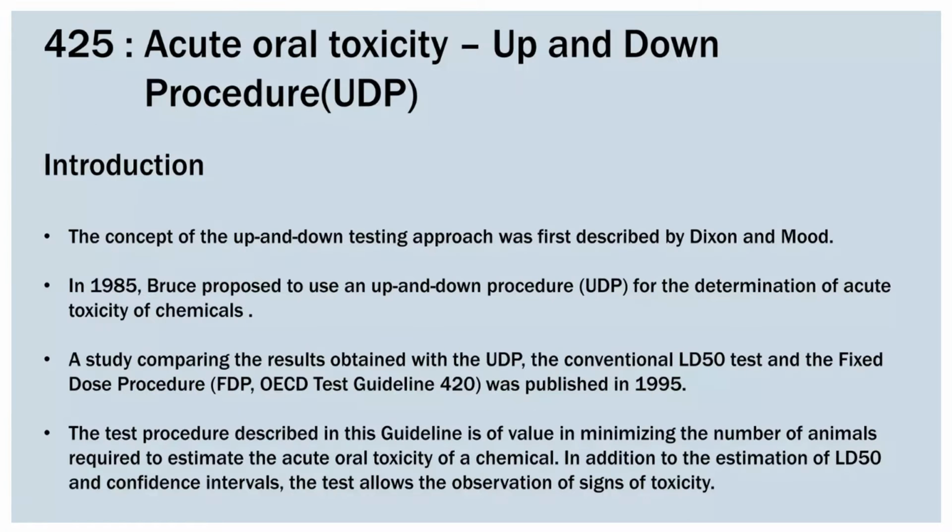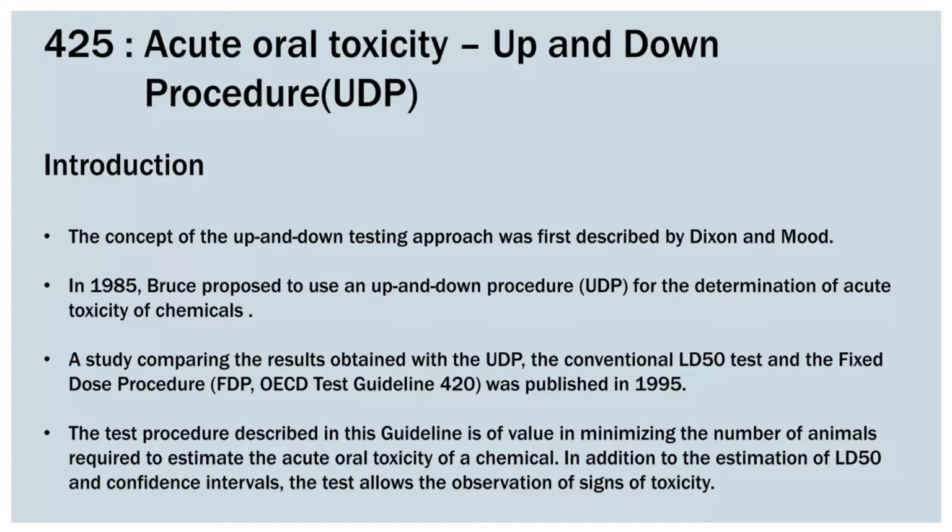The concept of the up and down test approach was first described by Dixon and Mood, and in 1985, Bruce proposed to use the up and down procedure for the determination of acute toxicity of chemicals. It is not only used for chemicals, nowadays it is also used for plant products, pesticides, cosmetics, various things.